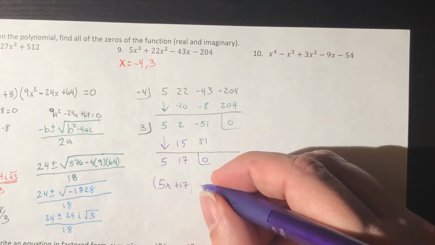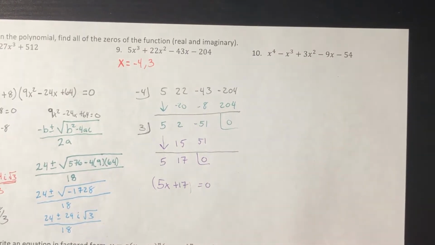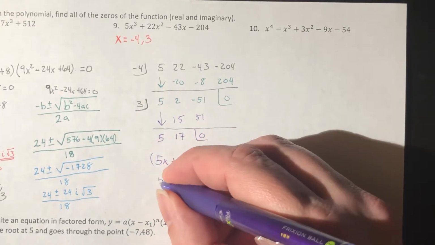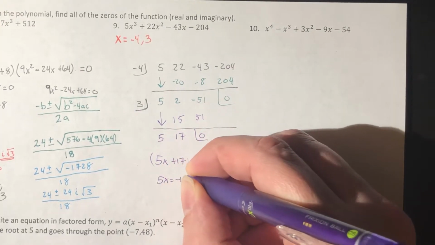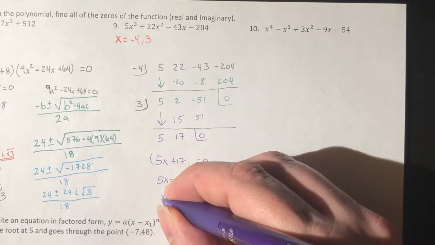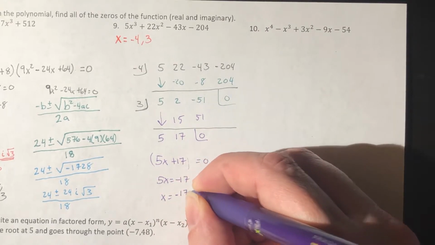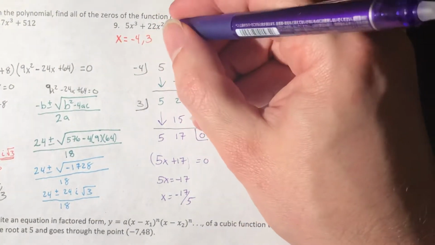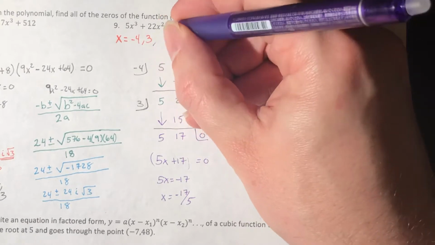I want to know what value for x would make that equal 0. So I need to subtract 17 from both sides. 5x equals -17. And then divide both sides by 5. And x equals -17 fifths. And that's going to be my other 0 value.